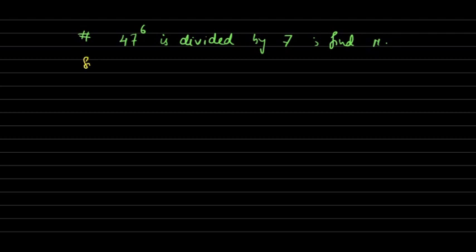So solution, let's think about a number. Okay, 47. Because we can't do it like 47 square, we don't know what is the value of 47 square. So 47 square is congruent to something, we'll write after. Okay, mod 7.